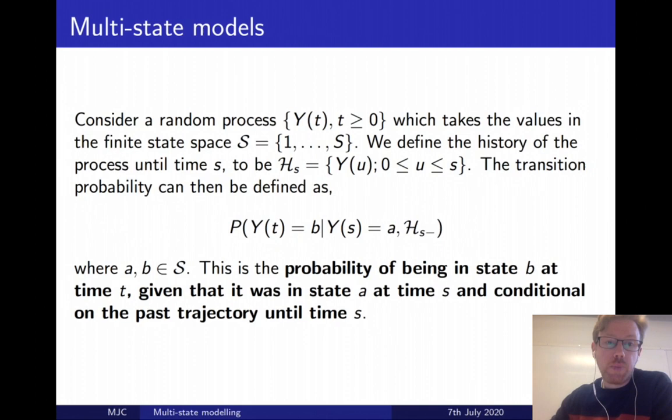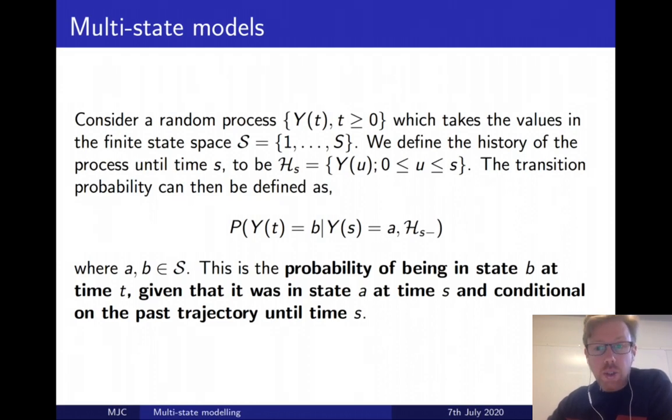So, multi-state models. I'm going to look at general multi-state models, and then in particular concentrate on Markov models, and then relax that later on in my talk. So if we consider a random process, capital Y of t, which takes values in a finite state space, defining a set of states, and we define the history of the process up until time s to be capital H sub s.